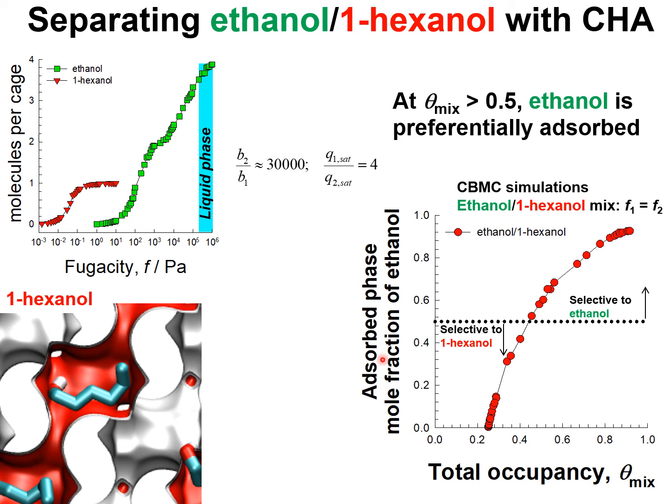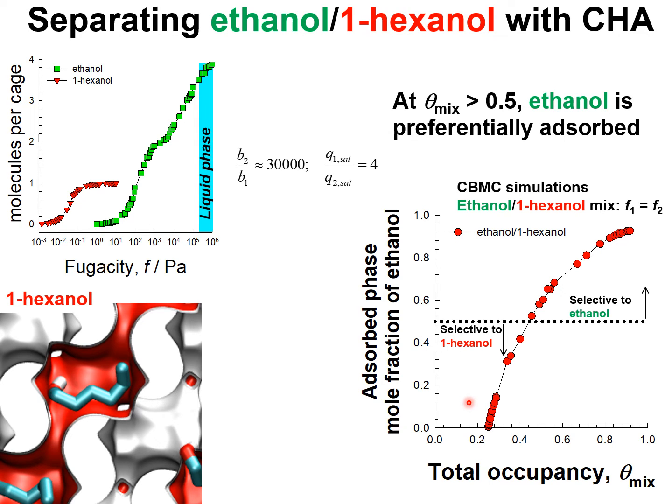On the plot here is the adsorbed phase mole fraction of ethanol as a function of total occupancy. These are the molecular simulations for the adsorbed phase mole fraction. And we note that below a pore occupancy of about 0.4, the selectivity is in favor of the longer 1-hexanol molecule due to its stronger binding with the framework.